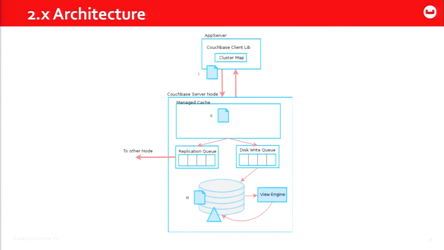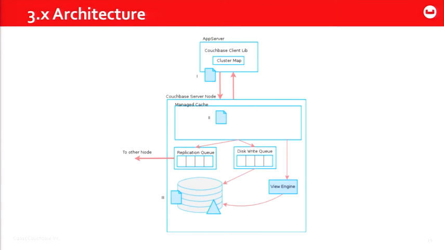So as soon as something hits the disk, it can be indexed, not before. This changed in version 3.x. In 3.x, the view engine is picking up the changes from the cache, enabled by our database change protocol, DCP, which was introduced in 3.x.